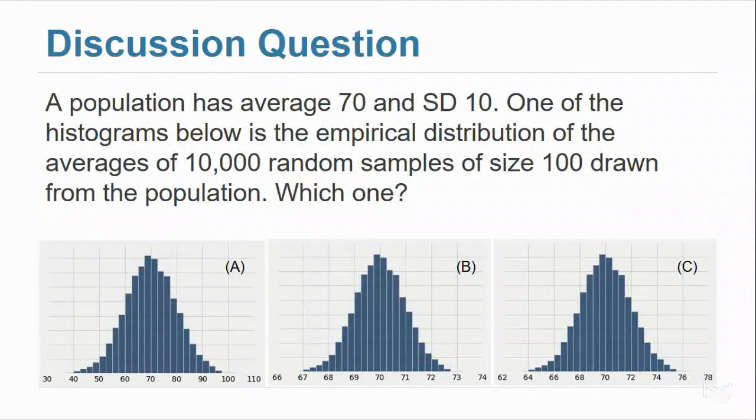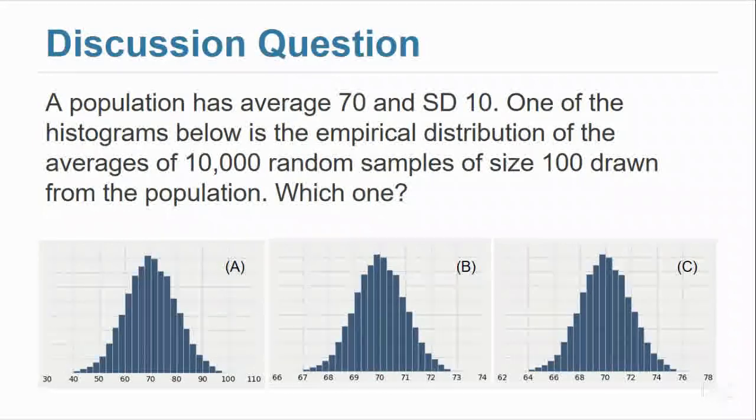So now the question is, among distributions B and C, which one has standard deviation 1 and which one has a different standard deviation? And the way to tell the standard deviation, remember, for a bell-shaped histogram is to figure out where the points of inflection are for the curve that approximates this bell shape.